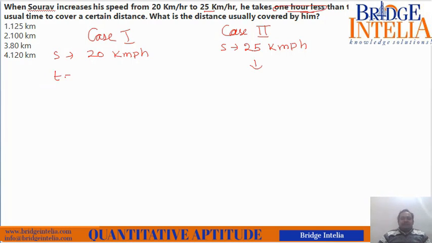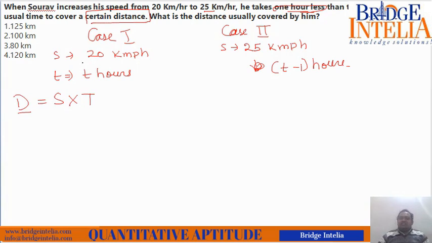So in this case, he is taking 1 hour less. So let's suppose here the time is t hours. So here he is taking 1 less hour, so t minus 1 hours. But the distance is same for both these persons. Distance is equal to speed into time. It means 20 into t should be equal to 25 into t minus 1.